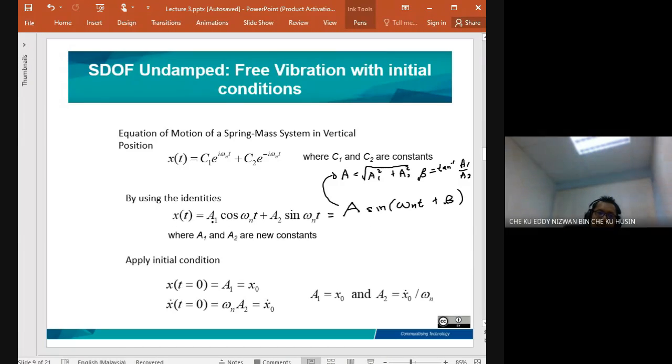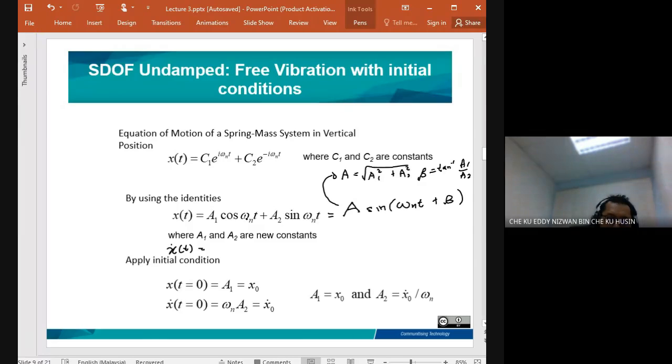With A1 and A2 it's easier to solve, because we want to find what happens to the vibration response when we induce initial conditions, which are initial displacement and initial velocity. So this is the displacement. Then we differentiate this equation to get the velocity, x dot.